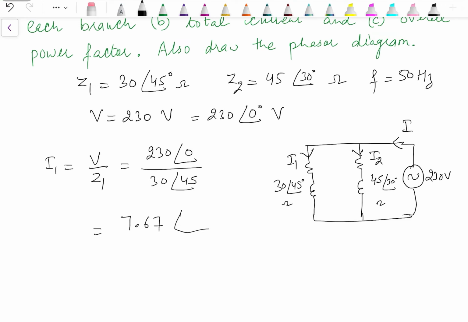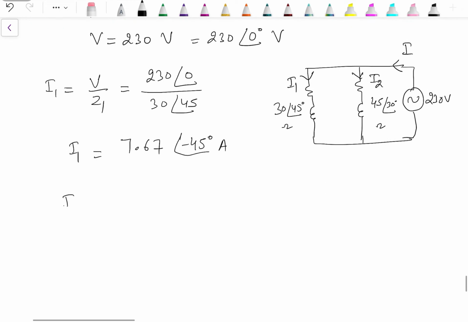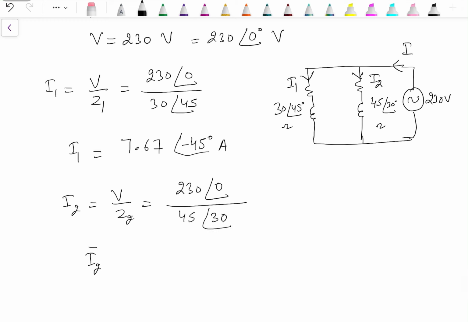The angle will get subtracted, minus 45. This is the value of I1. Similarly, I2 is V upon Z2. V is 230 angle 0, Z2 is 45 angle 30 degree. I2 is 5.11, angle minus 30 degree amperes.